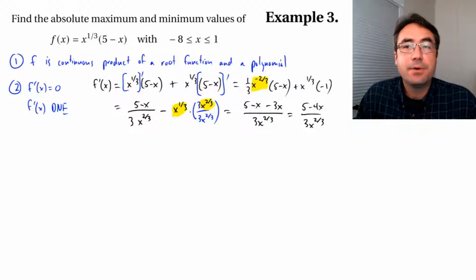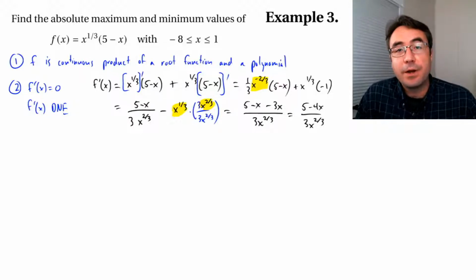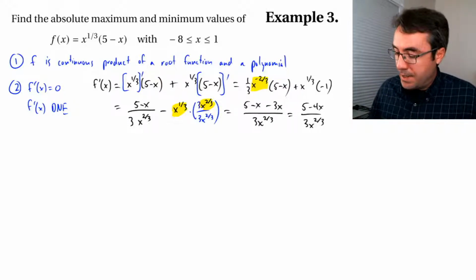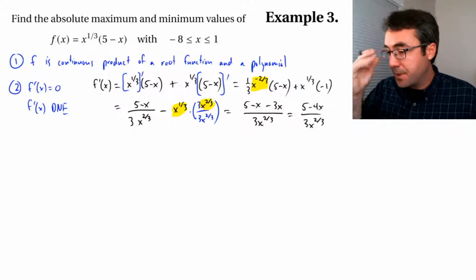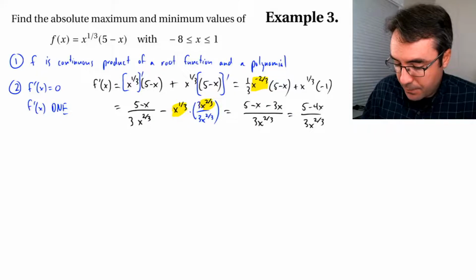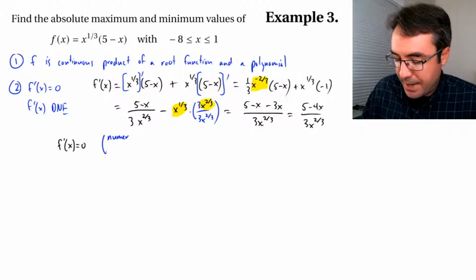And now we want to actually figure out where the derivative is 0 and where the derivative is undefined. The reason it's useful to get it into this form of numerator and denominator is because when we look for where f prime is equal to 0, when we have a fraction, that happens exactly where the numerator is equal to 0.